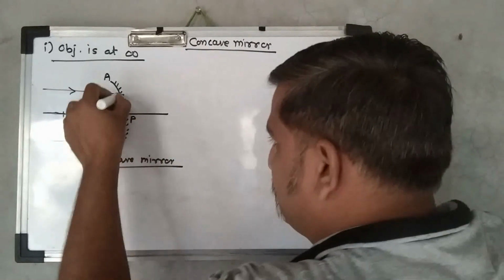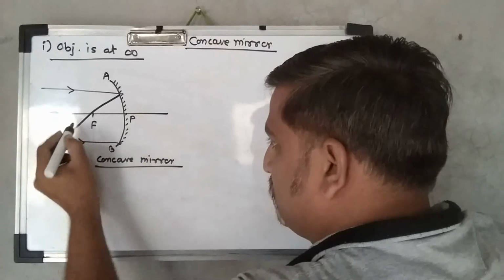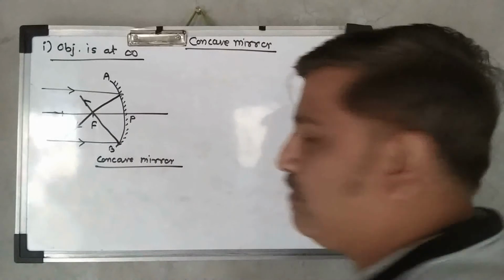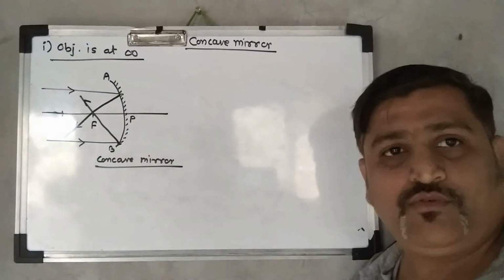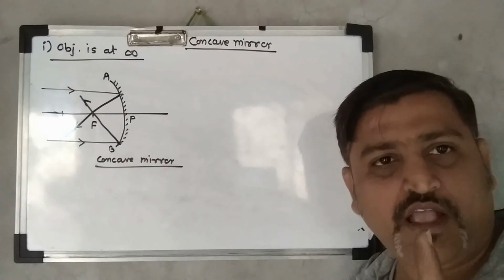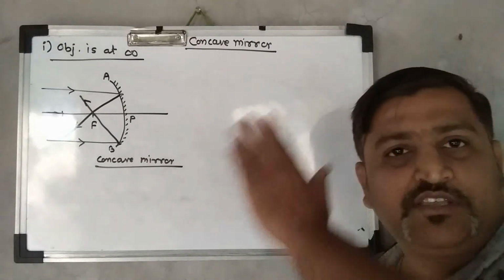After reflection, it passes through the focus. What is the rule? I taught you the rule. What I have told you: if the incident ray is parallel to the principal axis, after reflection it passes through the focus.